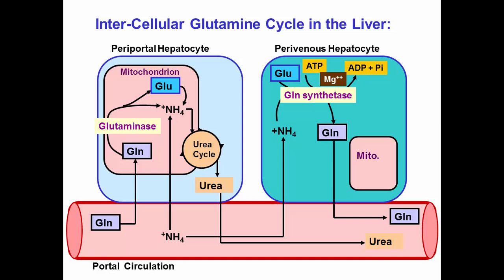So this is an energy-demanding reaction, but an important one because it makes glutamine, and glutamine then will go to the rest of the body. It'll leave the liver through the central vein. It's sort of the last gatekeeper for the liver as circulation is leaving through the central vein, capturing whatever ammonia might not have been made into urea.